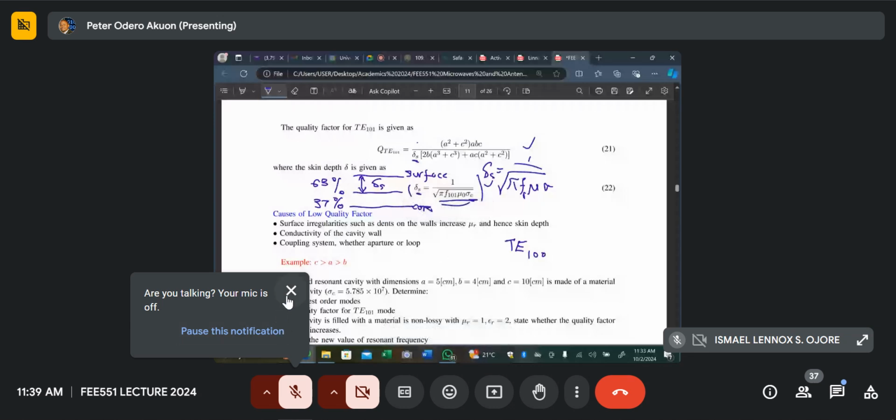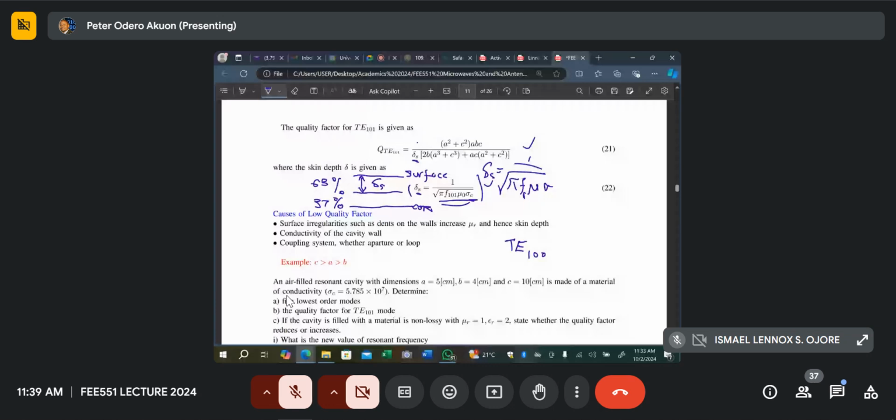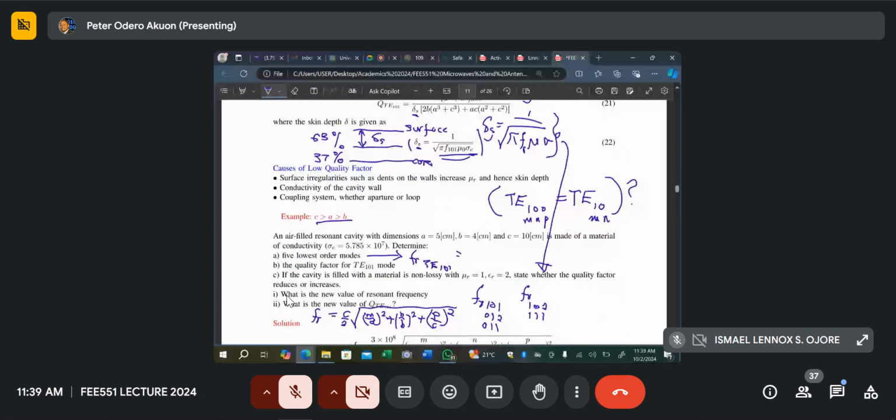And we are requesting TE101. Can somebody compute that? Let us know what you obtain.